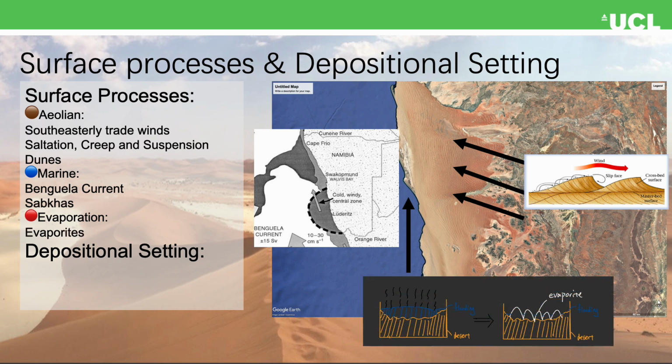Finally, under hyper-arid conditions, strong evaporation leads to the formation of evaporite deposits. These processes combine to create a mixed depositional setting. Aeolian processes dominate inland, while marine influence is seen along the high-energy coast, and low-energy conditions promote salt pan formation in enclosed basins.